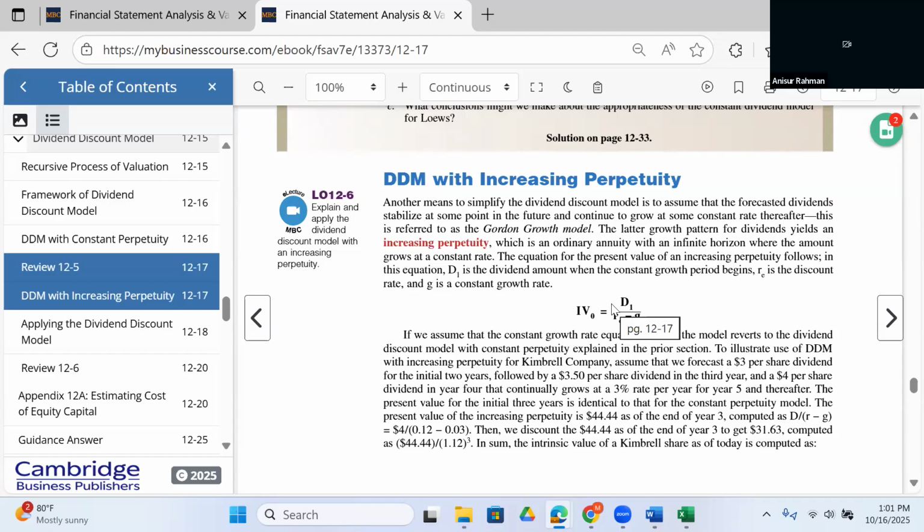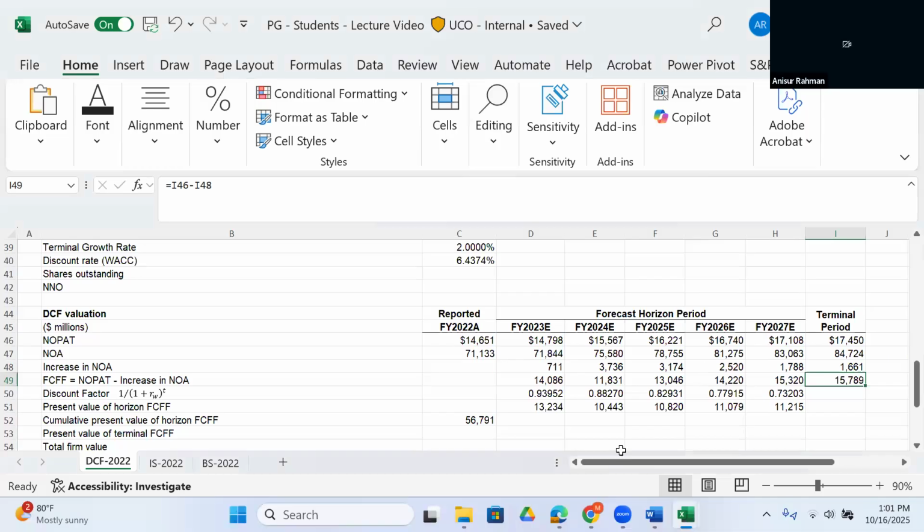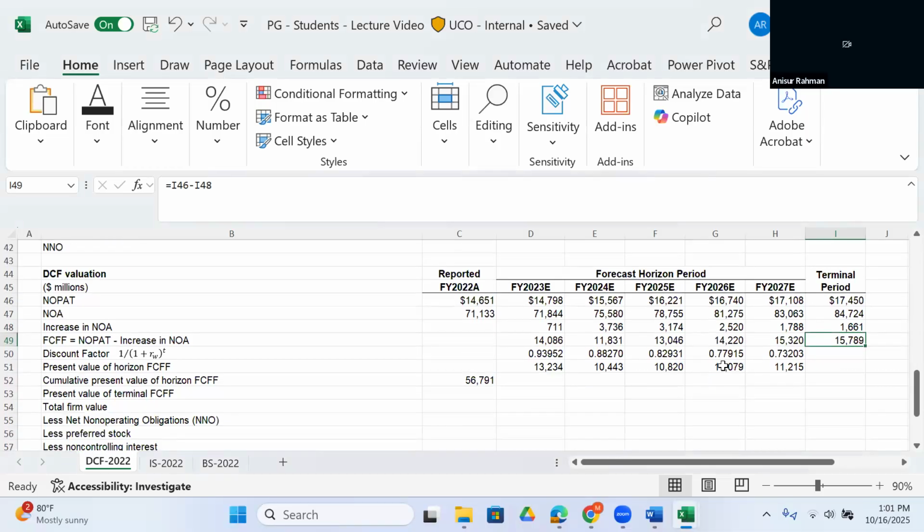Now, also remember, to calculate the present value today, which is time 0, you need the cash flow after 1 year, right? So coming back to our Excel, that is why we need this one to find out the present value at the end of 2027.